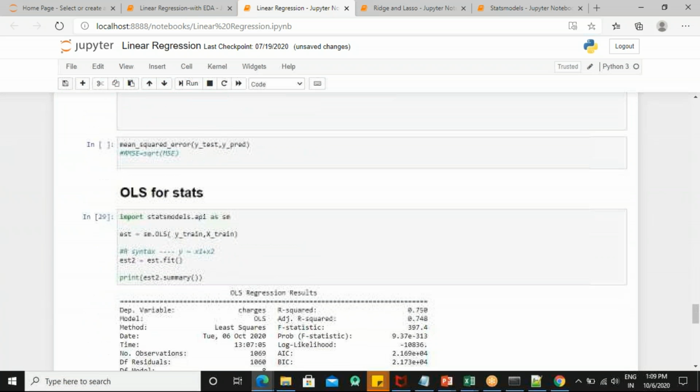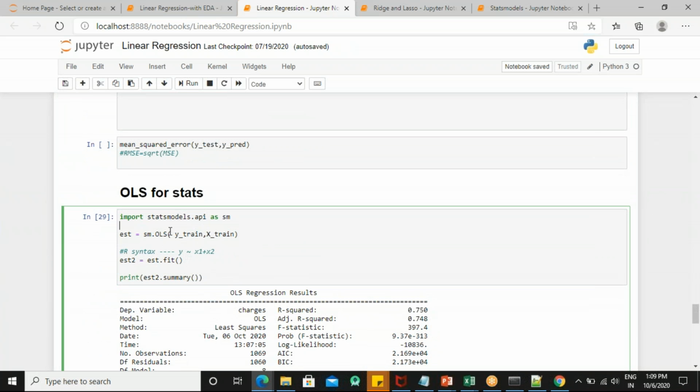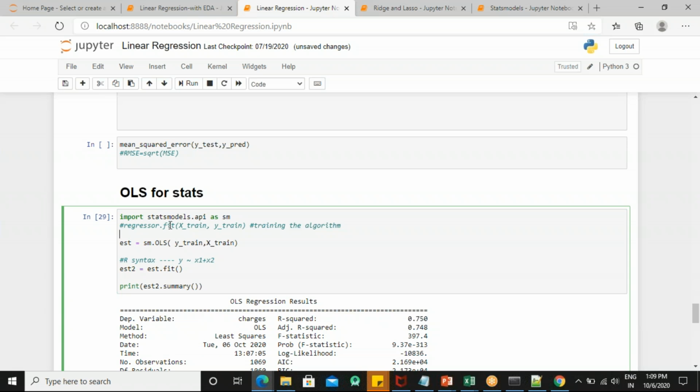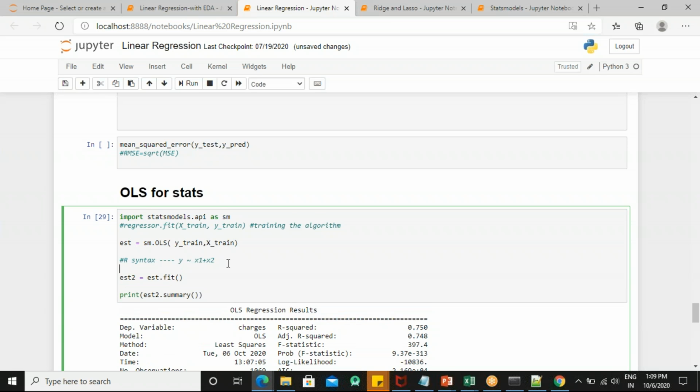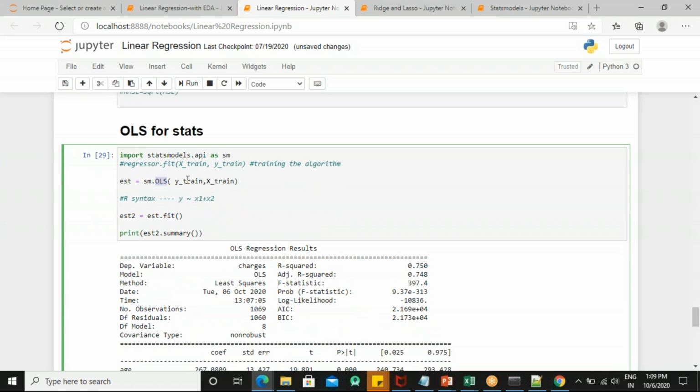Some small things to note: normally if you use sklearn, they give x train y train always, but OLS uses y and x similar to R. Okay, because it's an older format and it works like that.